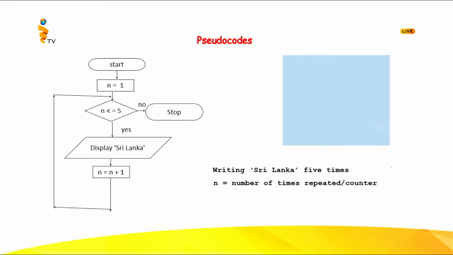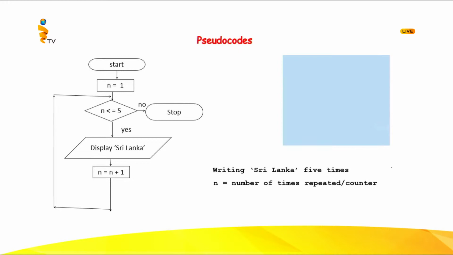Beforehand we know the number of times to be repeated. So I am checking first, second, third, and when I move on to 5, I will stop displaying Sri Lanka. So I have to increment my counter by 1. At the initial step I have written once. Now I have to add 1 to n, so then it will be 2.